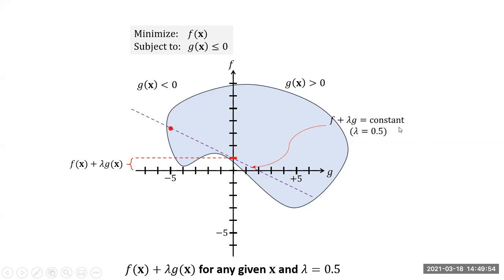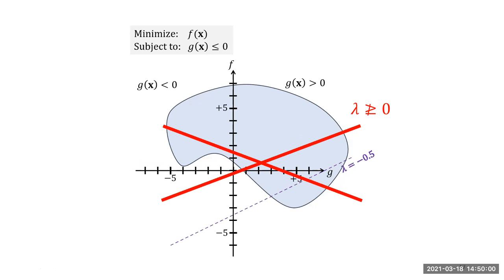The constant is 1 in our case. Now, we cannot have lambda equals negative 0.5. That would be a line with positive slope. That is invalid. Why? Because lambda must be less than 0. Lambda equals negative 0.5 for this one, the slope of this is plus 0.5. So that's not acceptable.